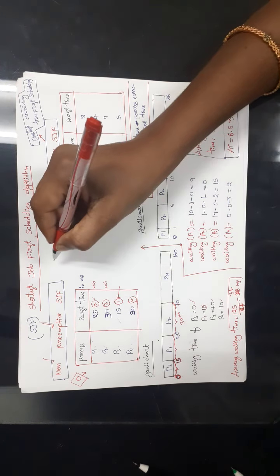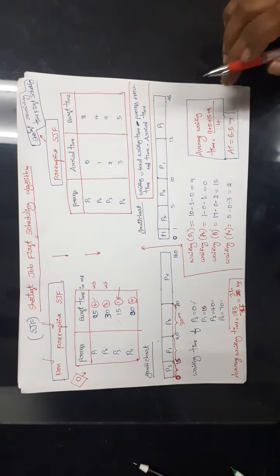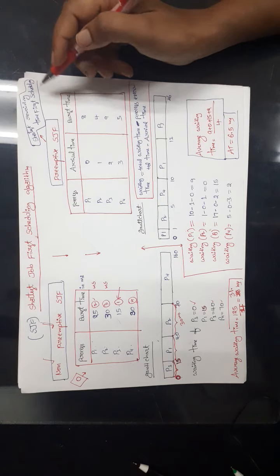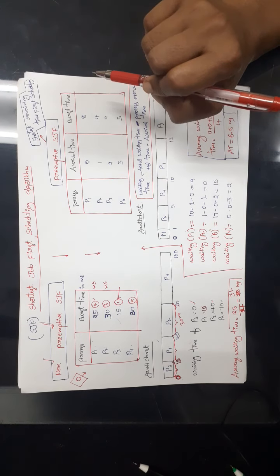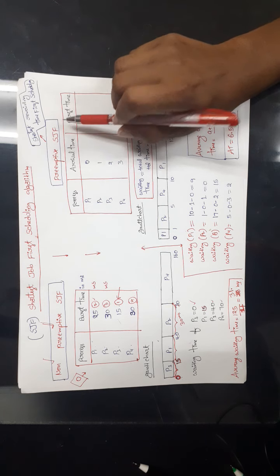Okay, so we have another variant in the shortest job first scheduling algorithm. We will discuss this one with this example. Here also we are using the shortest job first scheduling algorithm.